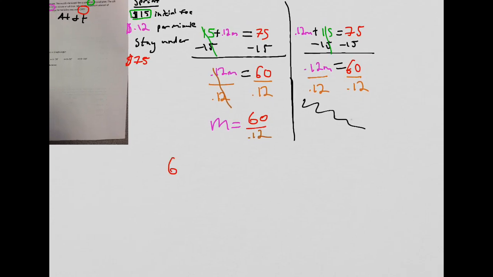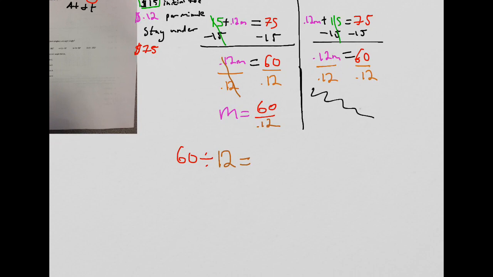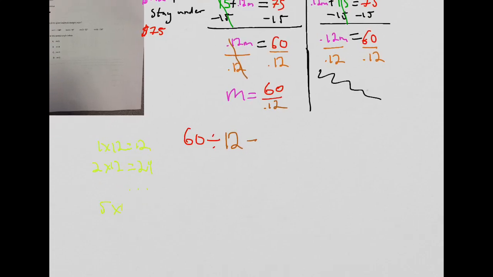What is 60 divided by 12? How many times does 12 go into 60? Well, 1 times 12 is equal to 12, 2 times 12 is equal to 24, and I know that 5 times 12 is equal to 60. So 12 goes into 60 5 times.